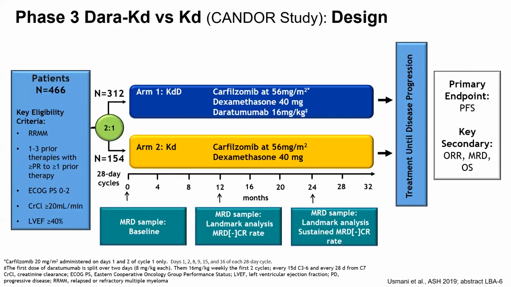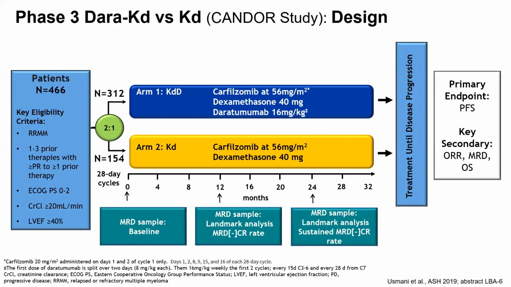So this is a very good study in which the antibody Dara-Kd, combined with a second generation proteasome inhibitor and dexamethasone, is compared versus Carfilzomib and dexamethasone. This is called the CANDOR study, and the patient number is 466. It was randomized 2-to-1, KDD to KD.